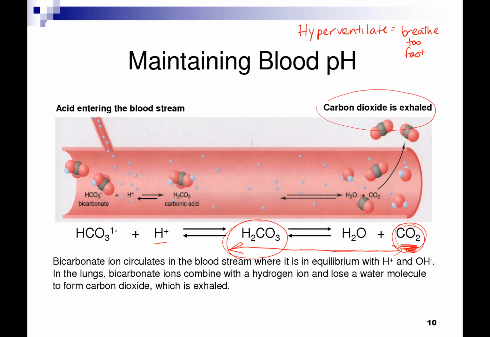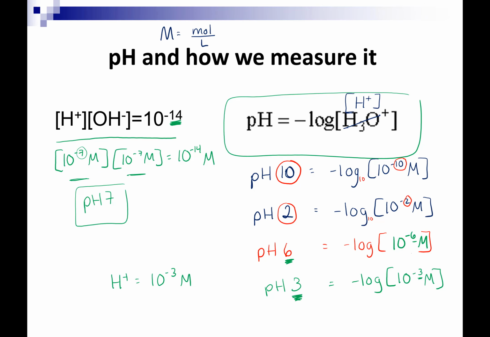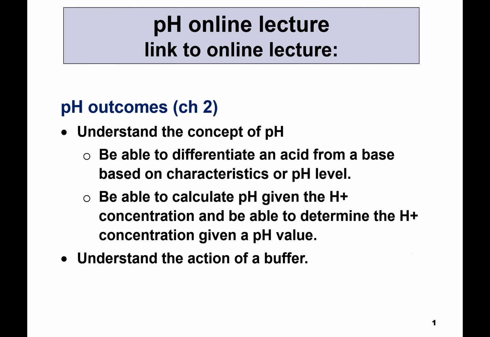So let's just really quickly look at our outcomes before we do a couple questions. So the concept of pH is talking about this relationship between acids and bases in our body. To differentiate an acid from a base, you're going to be given a level of pH, right? So a base is greater than pH 7, and acid is less than pH 7.